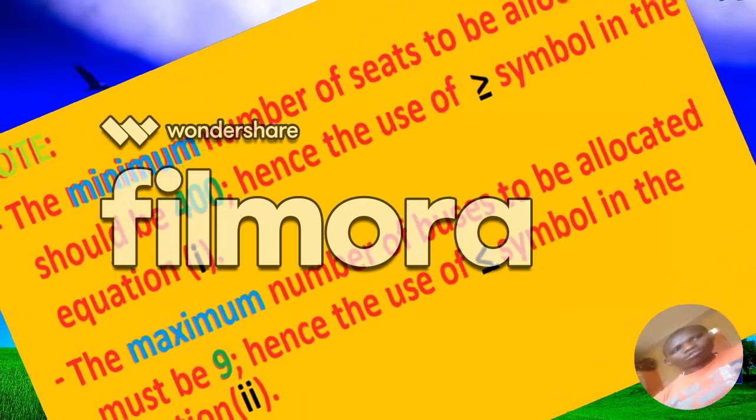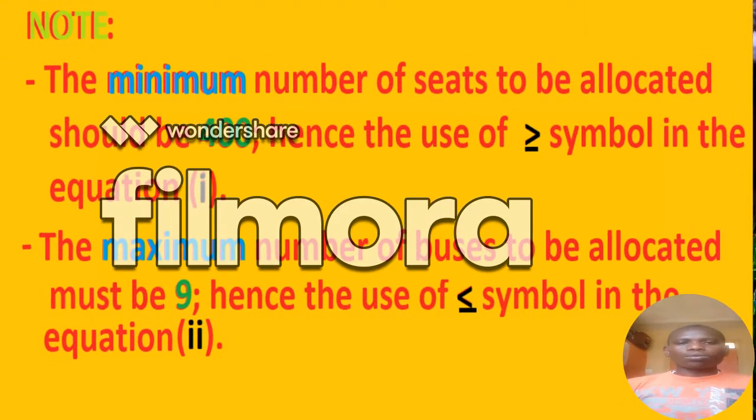It's very important to note that before we proceed to step 4, there's a point to note. The minimum number of seats to be allocated should be 400, hence the use of the greater than or equal to symbol in inequality 1.